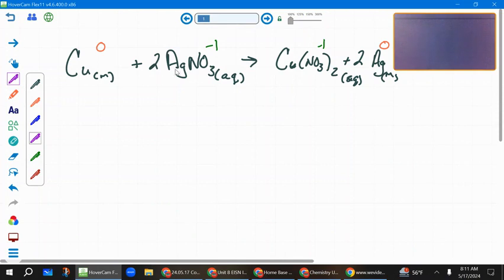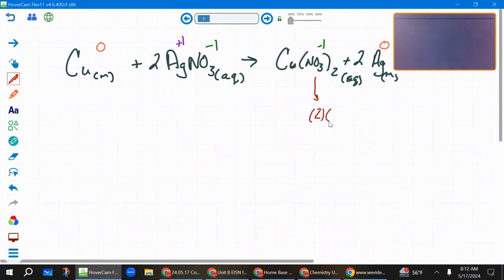What is the charge of silver always? +1. What is the charge of copper in this compound? How many of these NO3 groups are outside parentheses? 2.